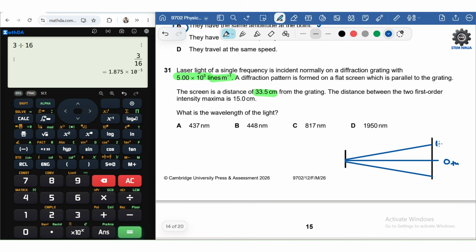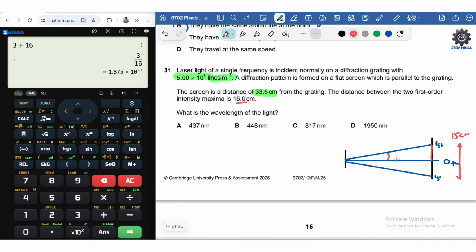Okay. So this is your first, this is your first. They're saying that they have a difference of 15 centimeter. Okay, so basically what we need is this angle, right?